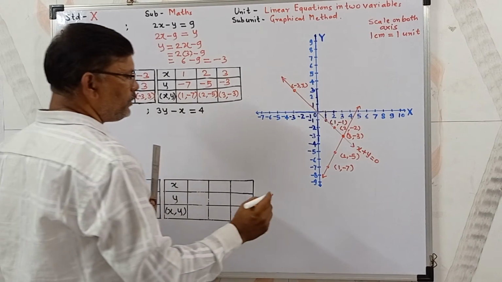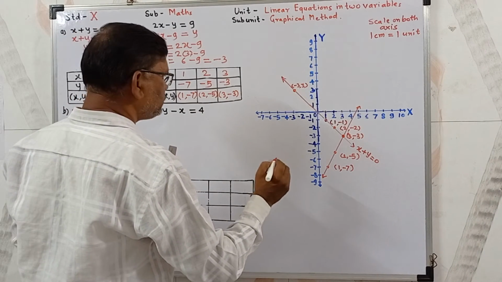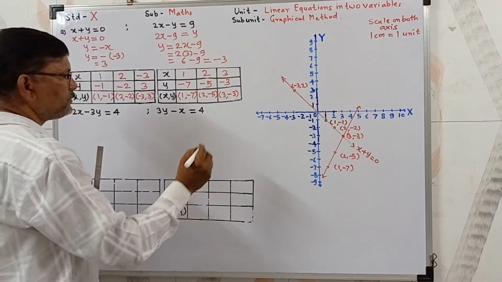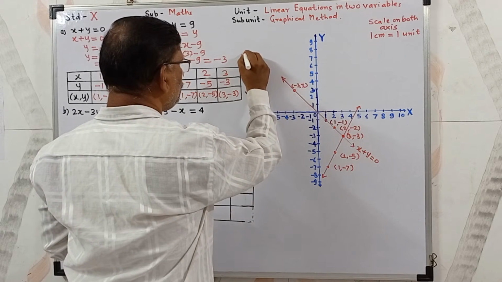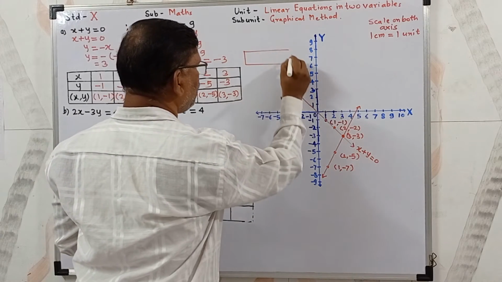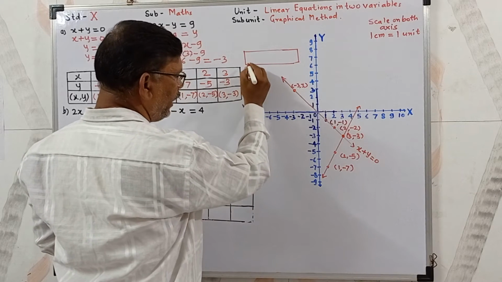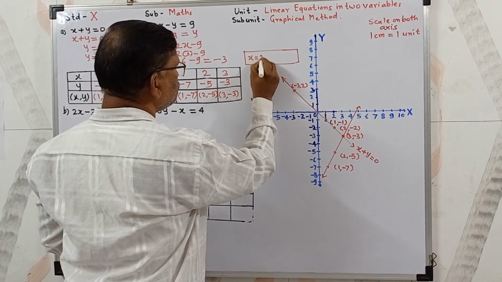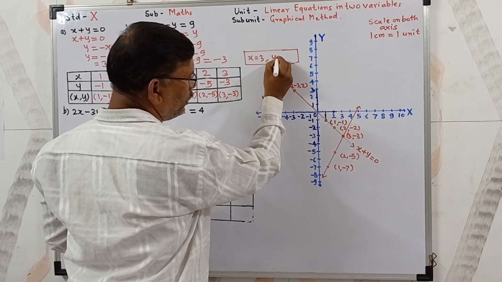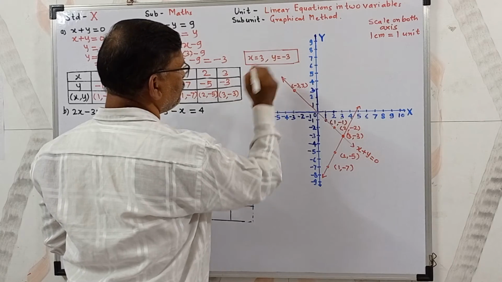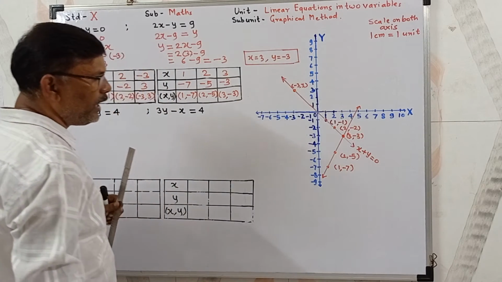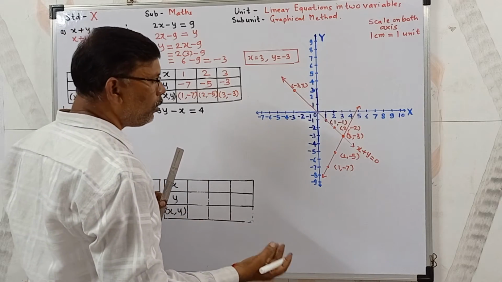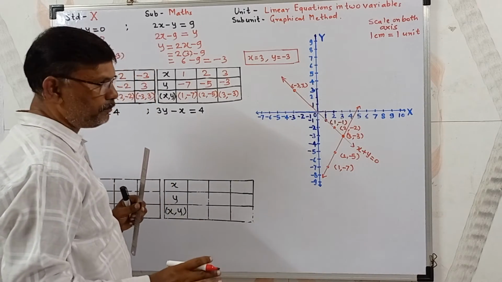So we know the answer is what? What is the answer? The answer is x equal to 3 and y equal to minus 3. Understood?